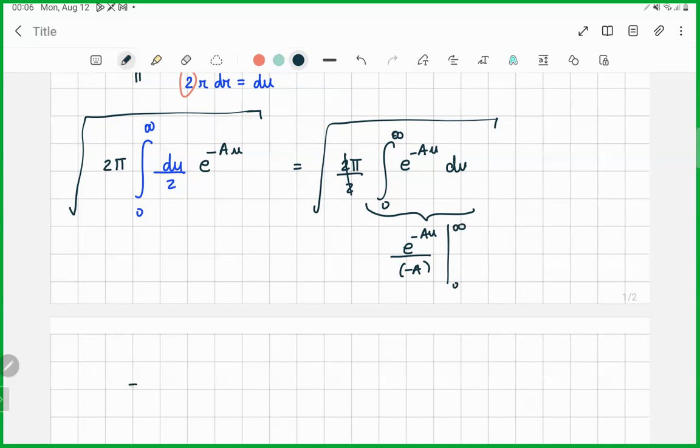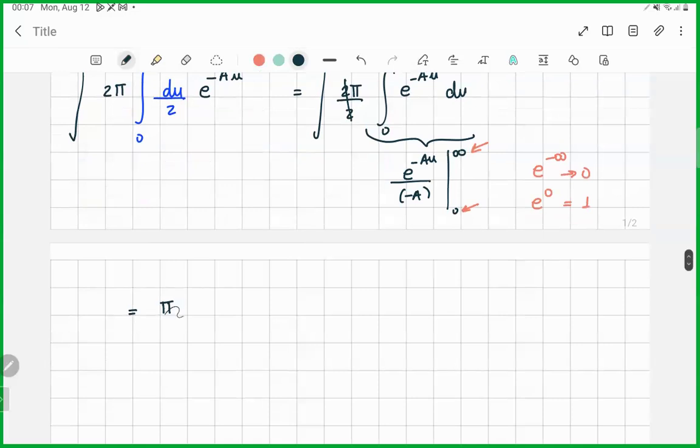So what we have is pi. At infinity, the exponential of minus infinity is 0. At the other extreme, the exponential of 0 is 1. So the only thing that survives is that minus 1, and with the minus it gives us plus. And don't forget, we had the square root. There you are. We got our solution. So that's how we solve it with polar coordinates.